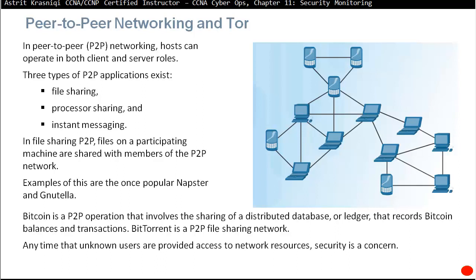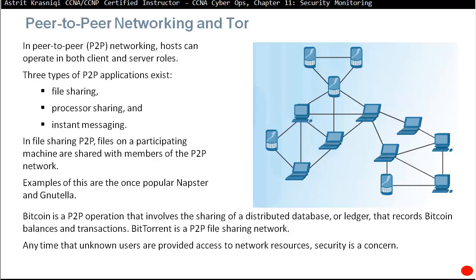Anytime unknown users are provided access to network resources, security is a concern. So peer-to-peer file sharing is a bad thing anyway. If somebody is getting lots of stuff from torrents, downloading a movie or whatever, it's bad.